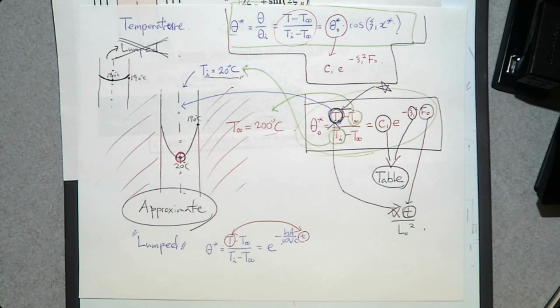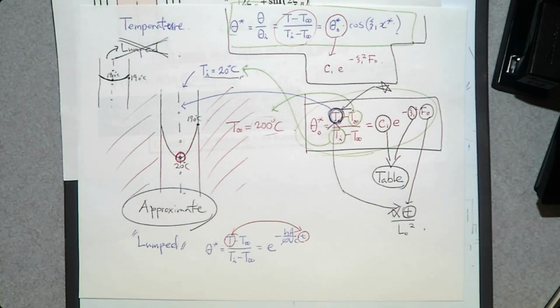When you don't have a lumped system, since there is a significant temperature gradient, we are going to focus on the critical point, which is the center line, and the temperature at the center line can be determined by using this equation as a function of time t. So they are the same thing. Okay?